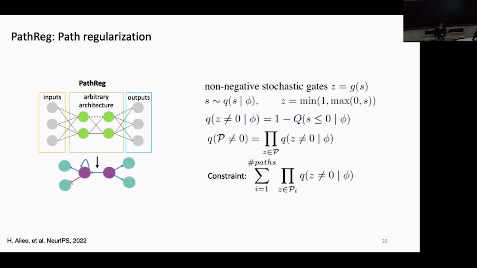And to train this model, we use some stochastic gates, z, as a function of some random variables s with a distribution q, and this z is just the min of 1 and max of 0 and s, which means that if s is negative, the output of the gate is 0.